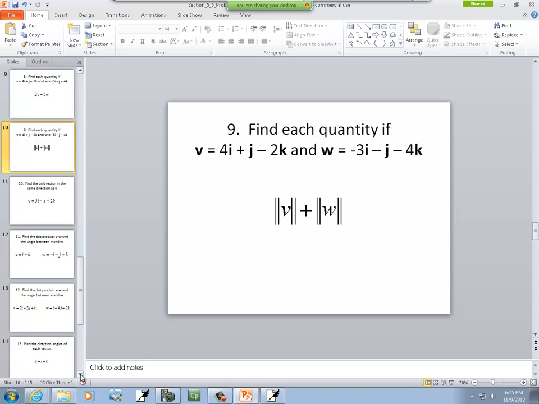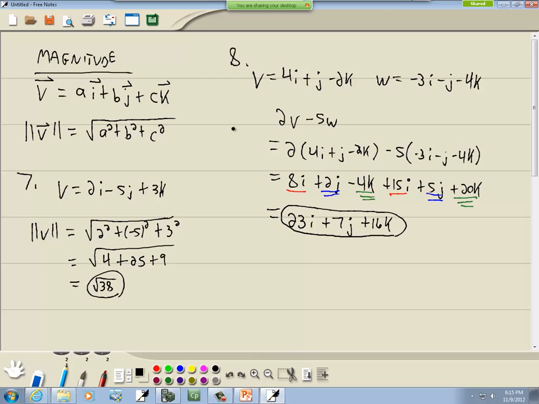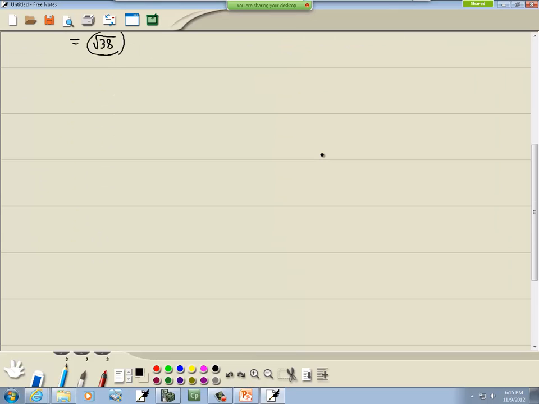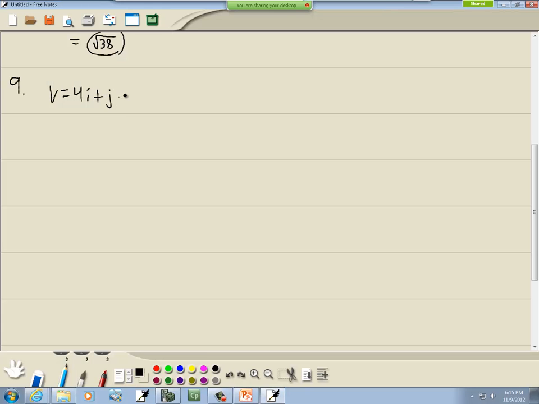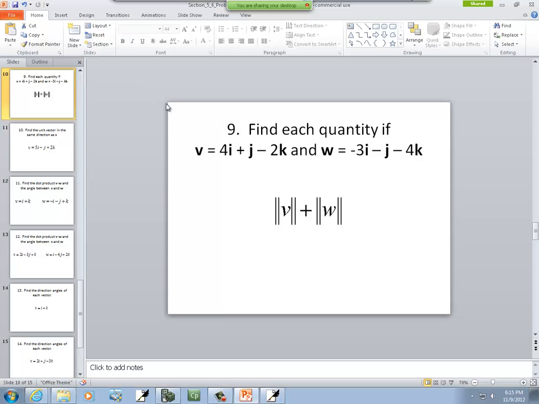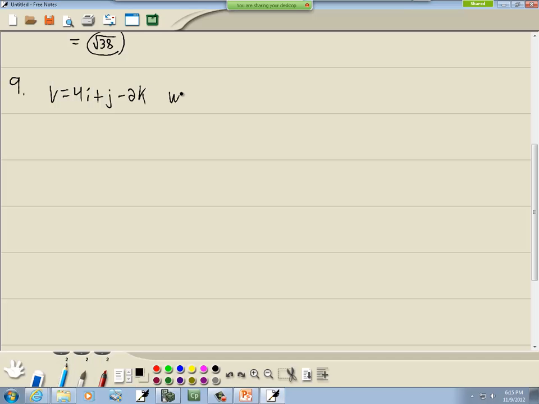And let's look at this one. Scroll down a little bit. We got v is equal to 4i plus j minus 2k, and w is equal to negative 3i minus j minus 4k.